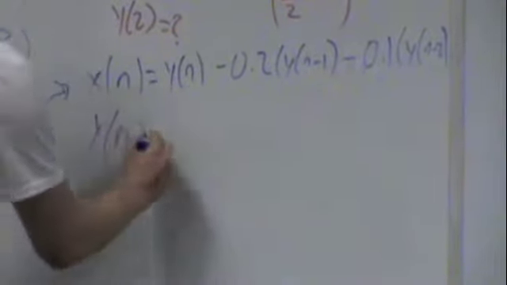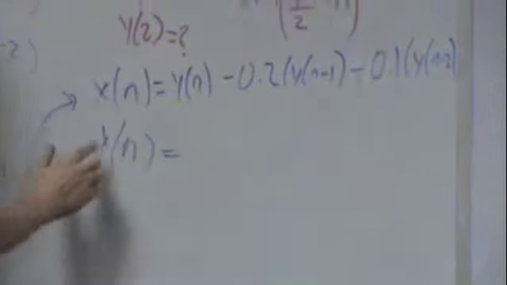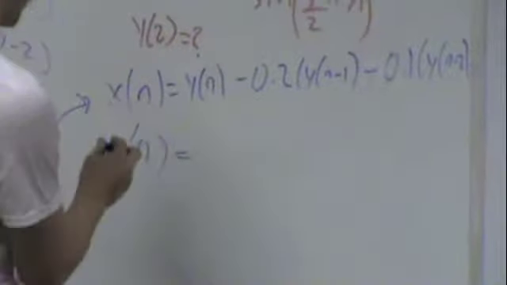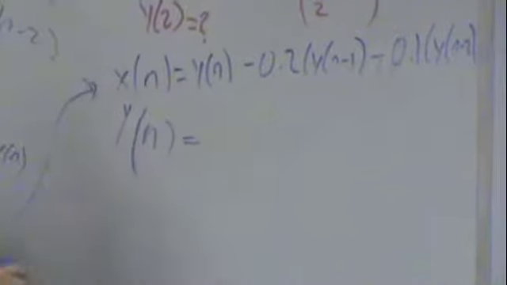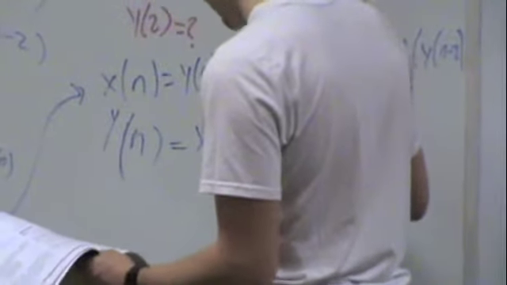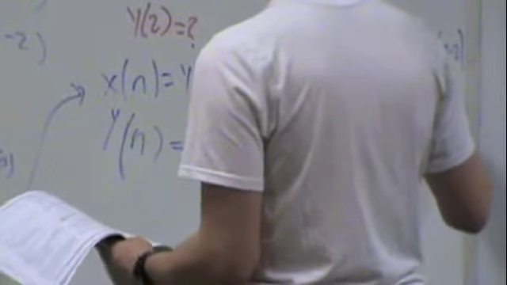They come up with this: y of n equals x of n plus 0.2 y of n minus 1 plus 0.2 y of n minus 2. Okay, so you can see what they did there.